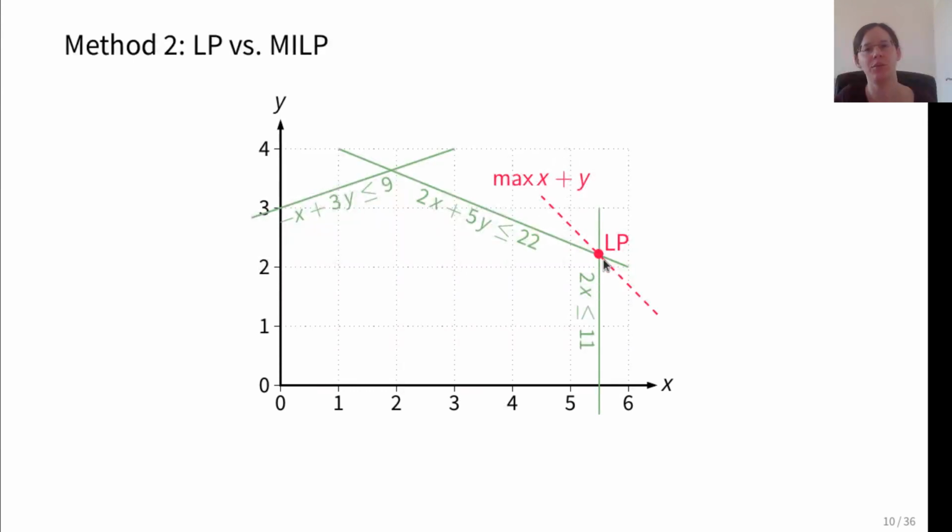This maximization always gives us a direction in which the values are getting better. In this case, the direction is this one here. Everything on this line here has the same cost, for example, and everything below it has a lesser value and everything above it has a better value. So we want to go as far in this direction as possible. And in this present case, that is exactly this corner point here.